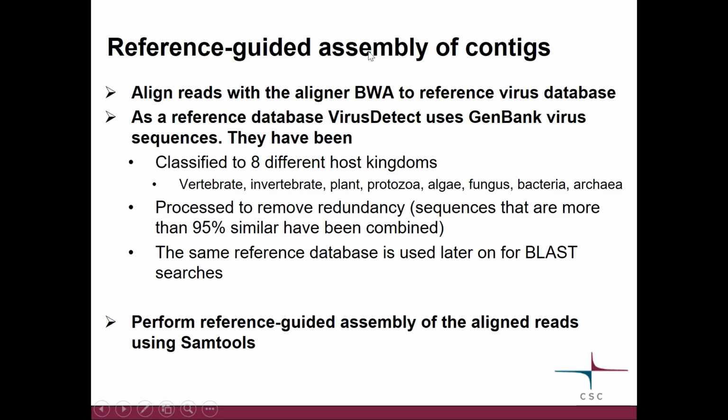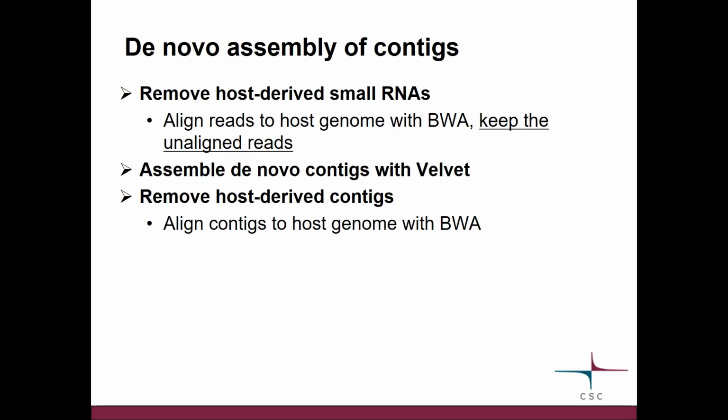So during the reference-guided assembly, the reads are aligned to the reference using BWA, and then the overlapping reads are merged together using a tool called SAMtools. The other assembly, the de novo assembly, is done using a program called Velvet.